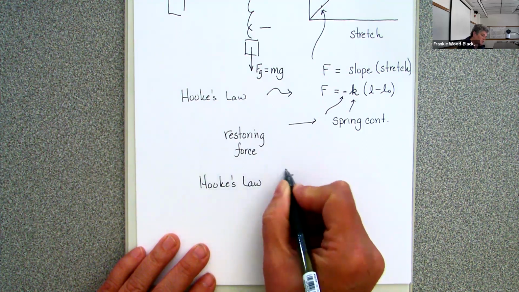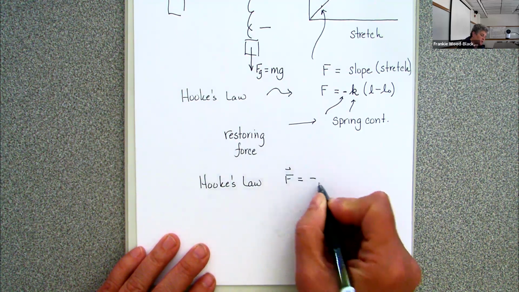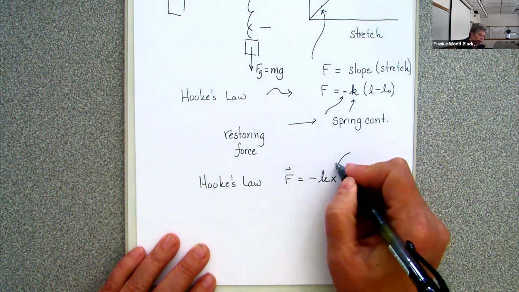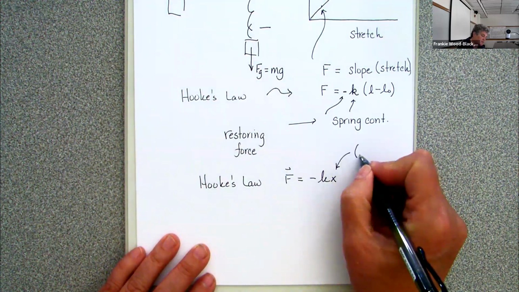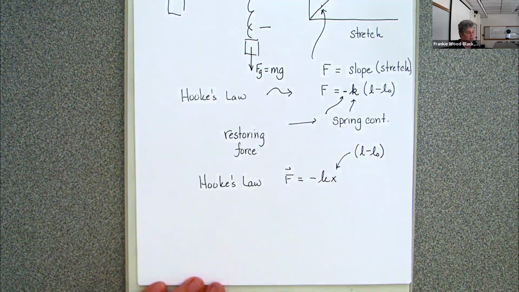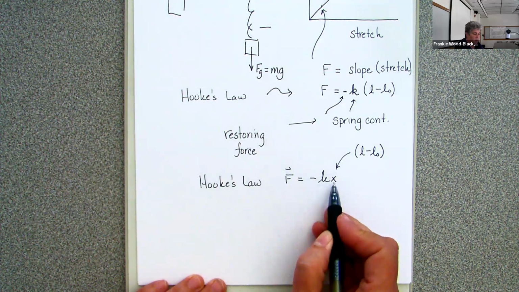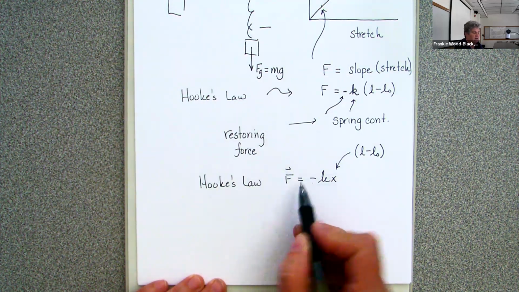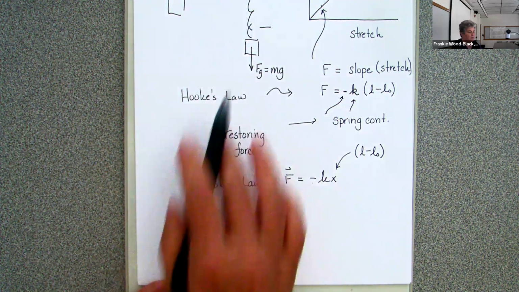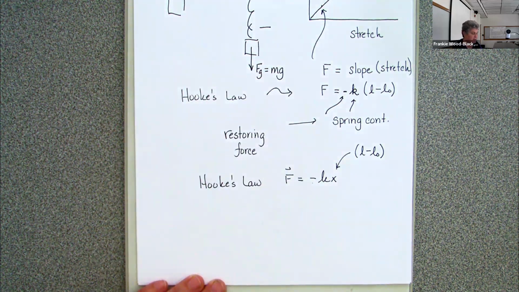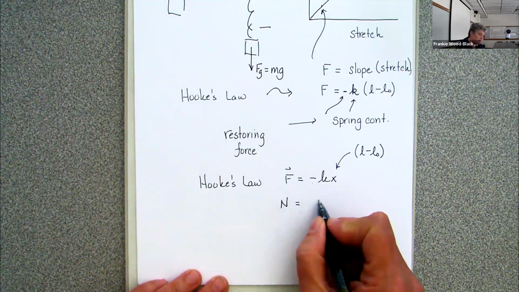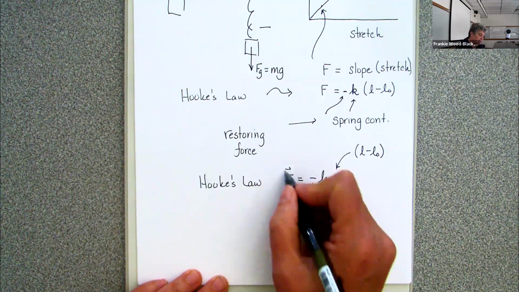And its force is equal to negative k times this, where this is my stretch, and that's defined as L minus L initial. And the reason the negative is there is that the force is wanting to pull back up, and I want to make sure that I get that piece there. So if I've got forces in newtons, we're going to do the absolute value here.